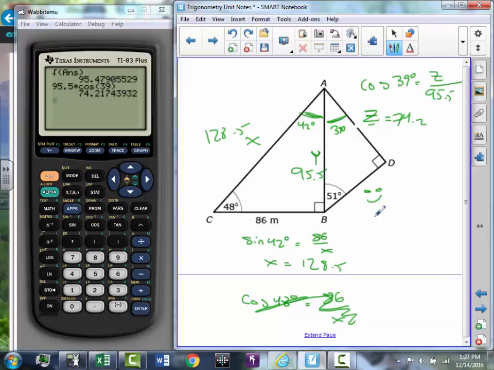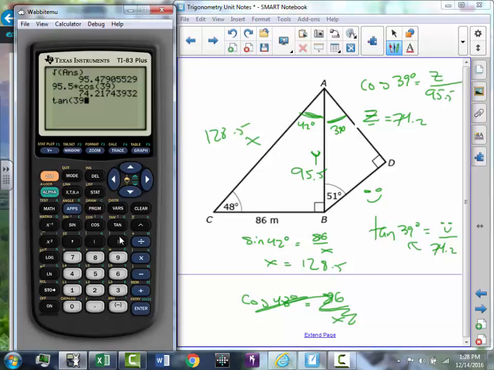For this one right here, why don't I say tan? Tan of, let's say, 39 degrees would be the opposite. Well, the opposite of 39 would be my smiley face. My adjacent to the 39 degrees would be the 74.2. Times 74.2 up there then.